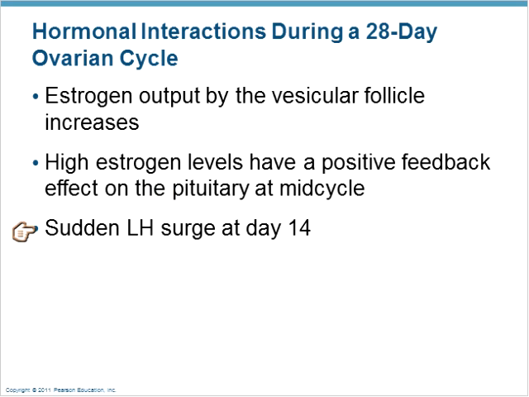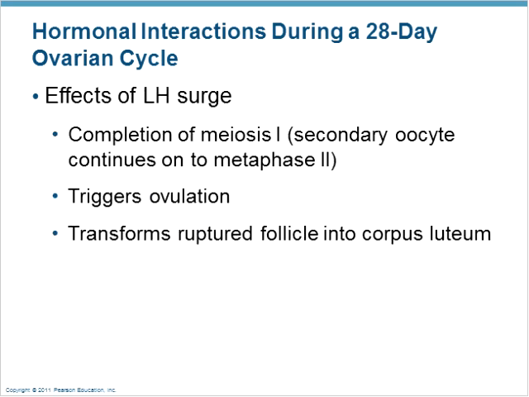luteinizing hormone surge at day 14. The LH surge causes the completion of meiosis 1. The secondary oocyte continues to metaphase 2, triggers ovulation, and transforms the ruptured follicle into the corpus luteum.